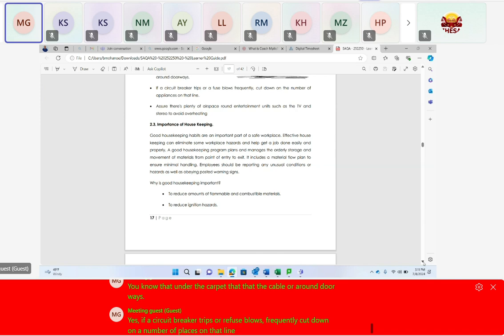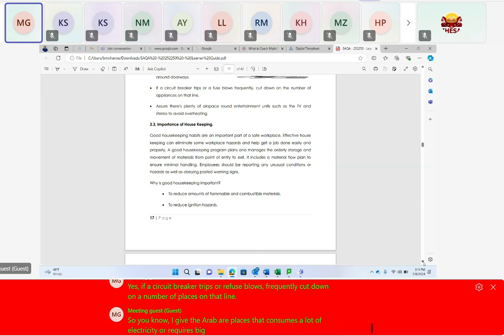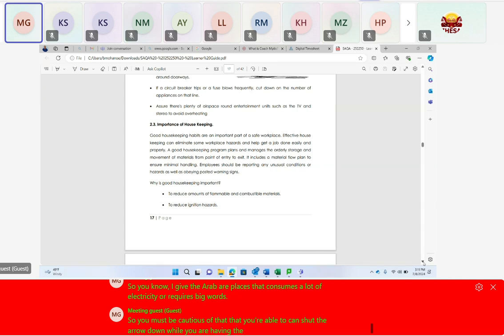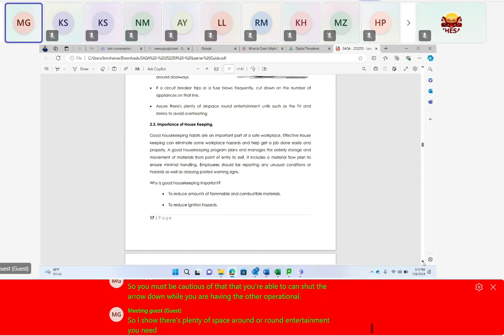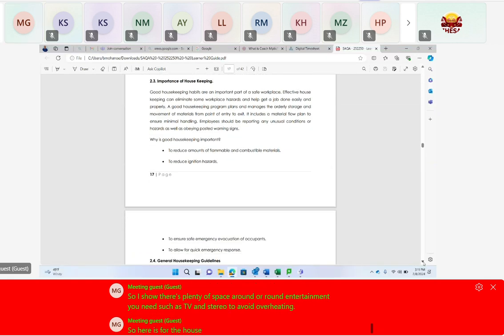If there are appliances that consume a lot of electricity or require big watts, you must be cautious so that you can shut the others down while you are having the other operational. Make sure there's plenty of airspace around entertainment units such as TV and stereo to avoid overheating.